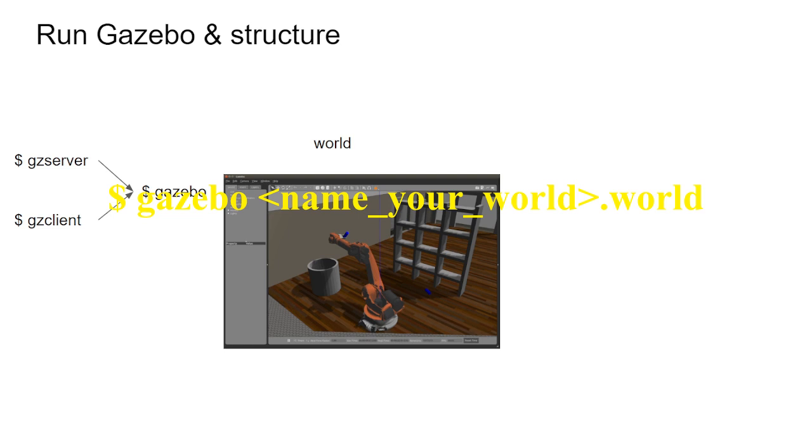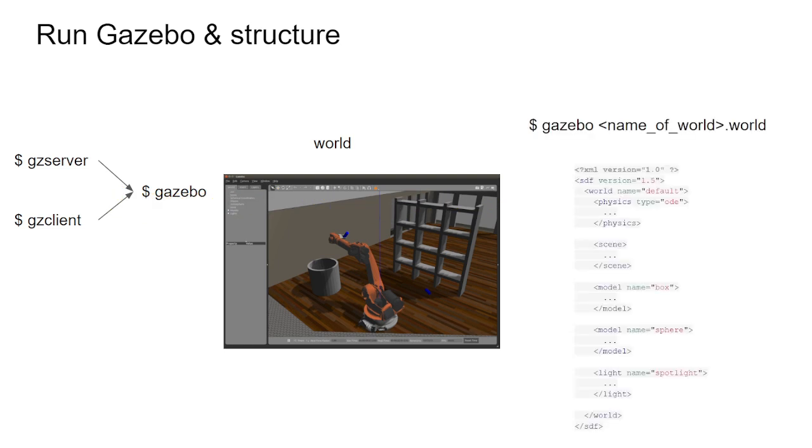The world file is formatted using the Simulation Description Format, or SDF for short. Here's a basic format of an SDF world file. For simplification, you must create a separate SDF file of your robot with exactly the same format as your world file. This model file should only represent a single model, for example, a robot, and can be imported by your world file.